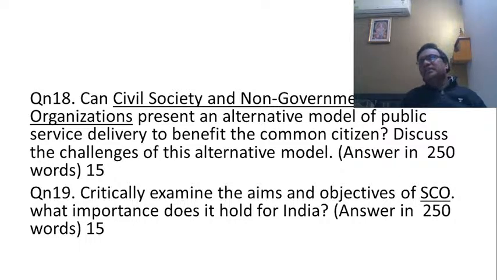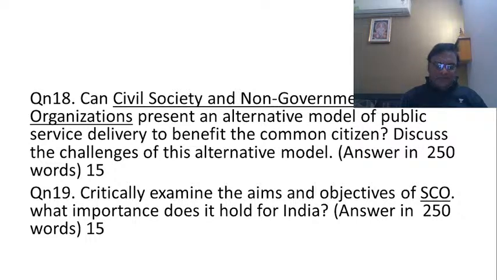What can they do? They can go to the field level. They can approach the beneficiaries. They can ensure that outcomes are realized. Why? Because they are not concerned about rules and regulations.